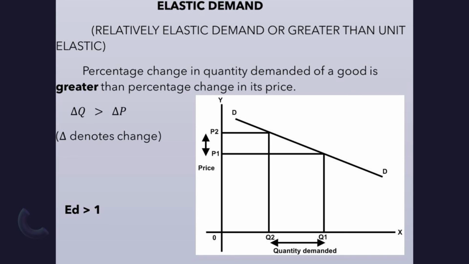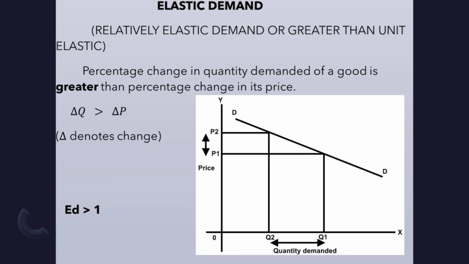The next is relatively elastic demand, or greater than unit elastic, which we call elastic demand. Basically, this is when the percentage change in quantity demanded of a good, that is delta Q, is greater than the percentage change in its price.